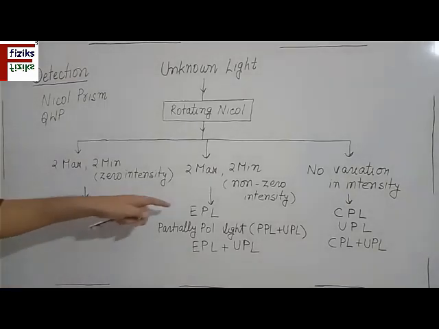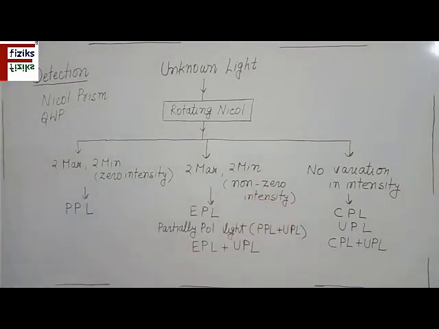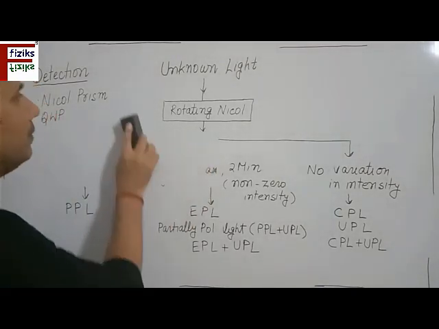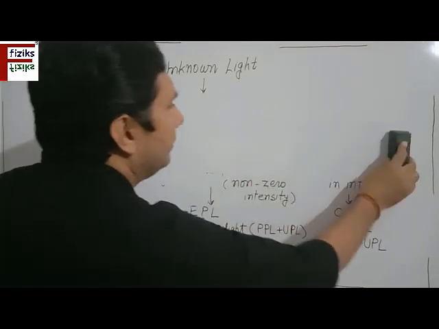Basically, in the second and third cases, we will require a quarter wave plate to distinguish between these different polarizations of the given light. So we will discuss them one by one.